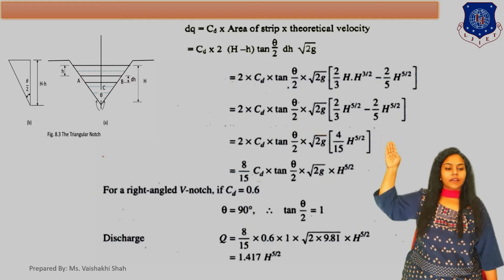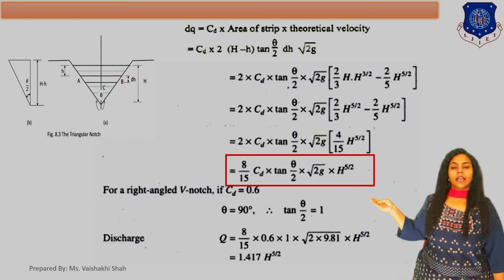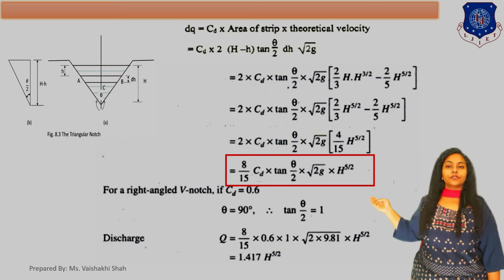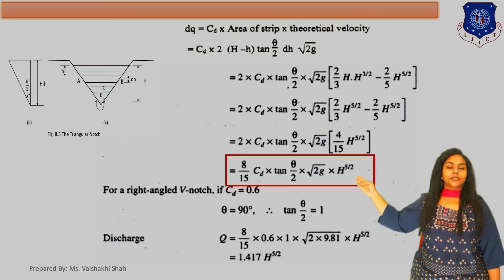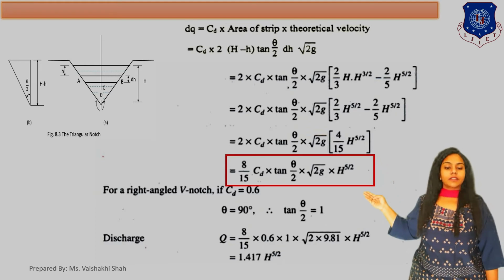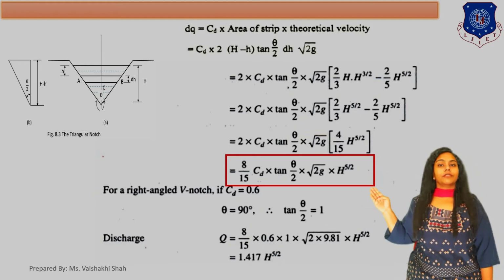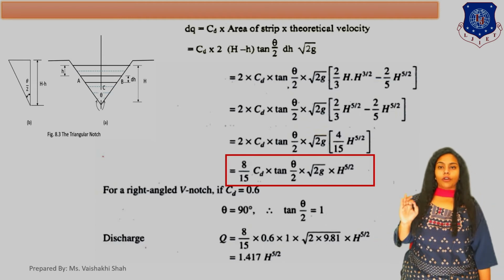By simplifying this equation, you get 8 by 15 into CD into tan theta by 2 into root 2g H raised to 5 by 2. This is your final equation of discharge through a triangular notch or weir.